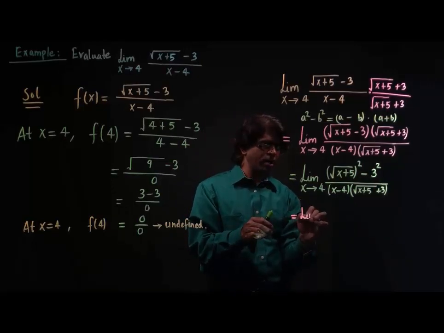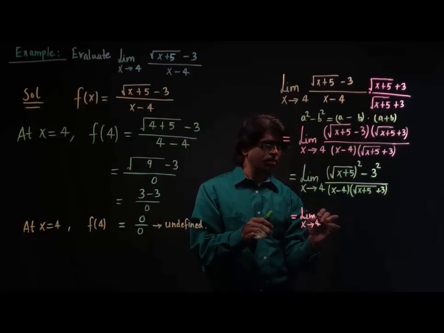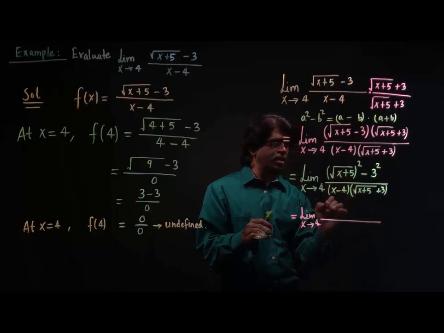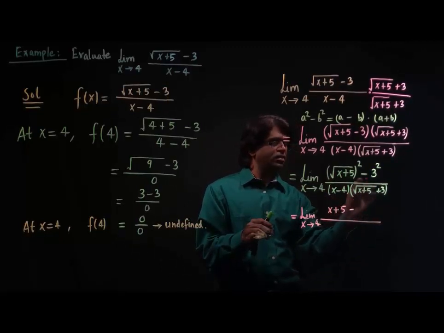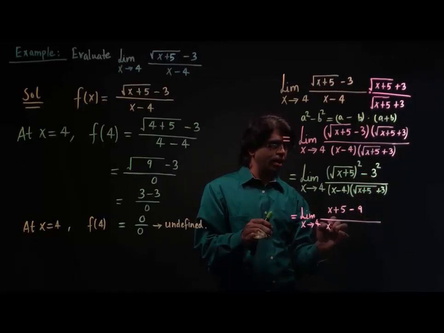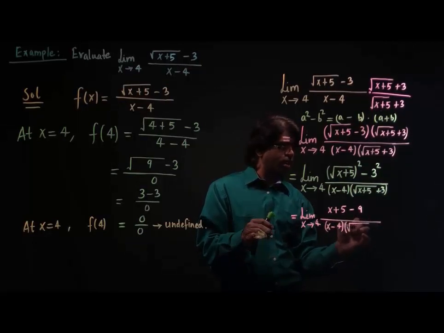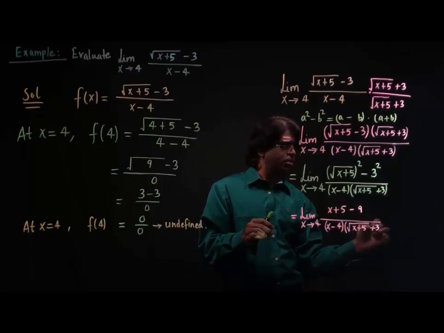So I have x plus 5 minus 9 over x minus 4 times the square root of x plus 5 plus 3.